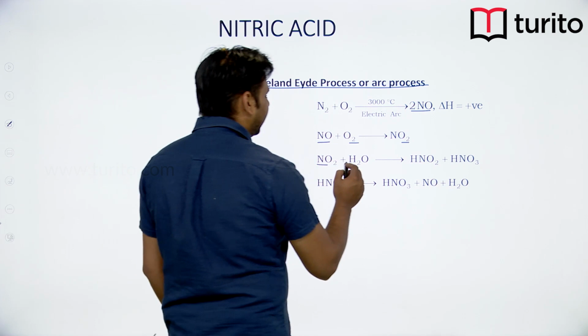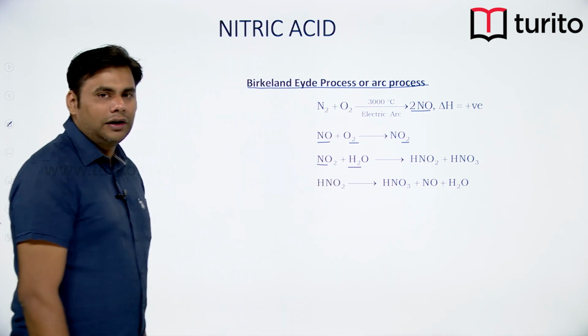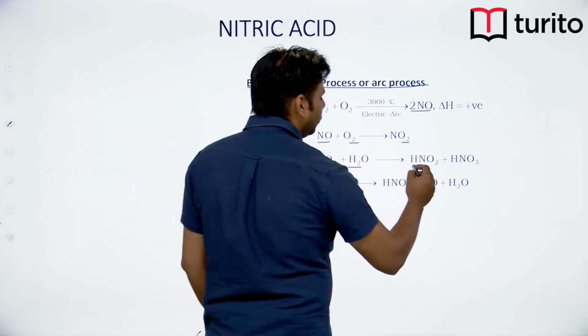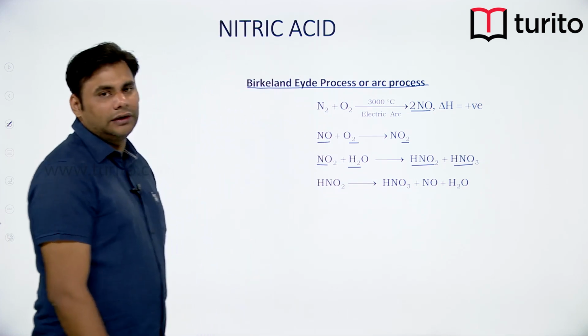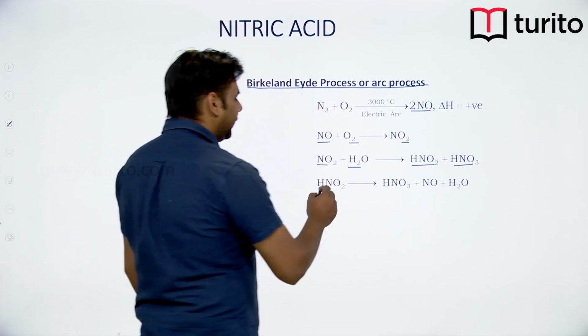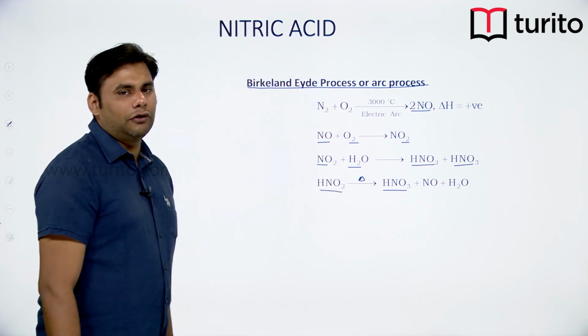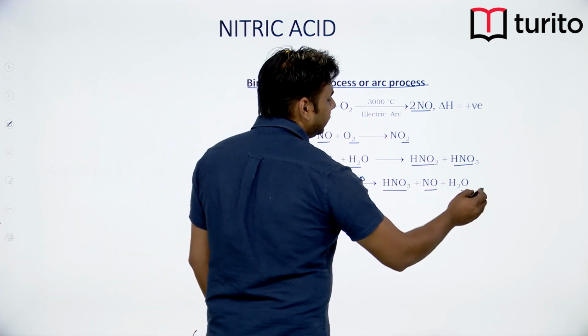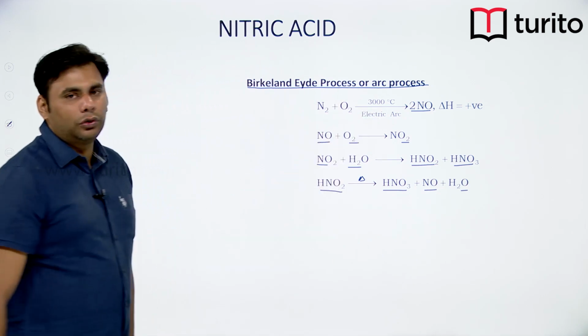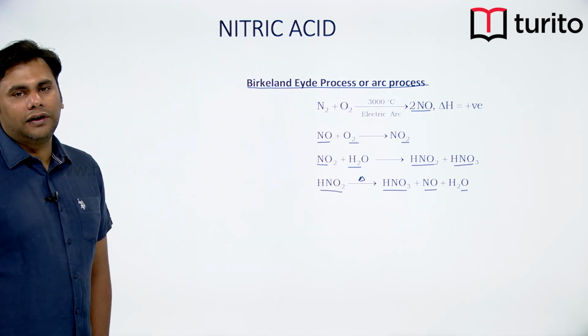Now this NO2 is acidic in nature. It is reacted with water. On reaction with water, it forms two acids, HNO2 and HNO3. HNO2 obtained is further heated, which gives us HNO3 plus NO plus water. So HNO3 is generated, NO then again is reacted with O2 to form NO2, and this keeps going till we get HNO3.